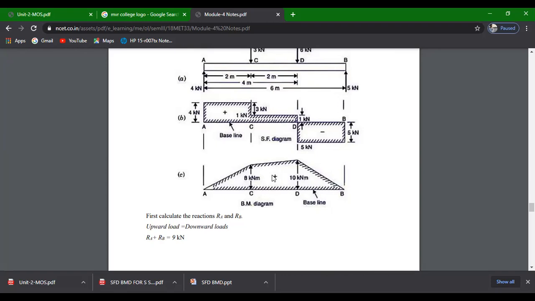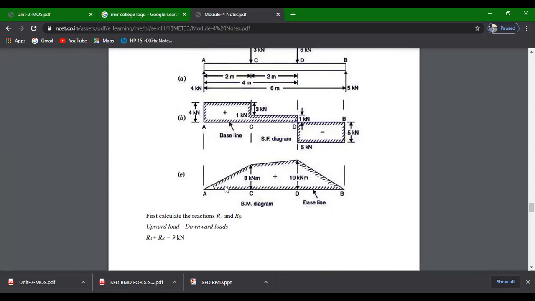In case of UDL, the bending moment will be a second degree parabola. Okay, in the given problem, we have only point loads. That's the reason the entire bending moment will be represented by inclined lines here. From B to D, this is an inclined line. Okay, from D to C, another inclined line will be there.